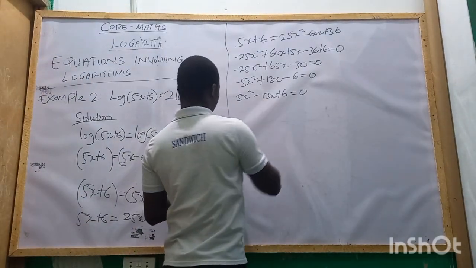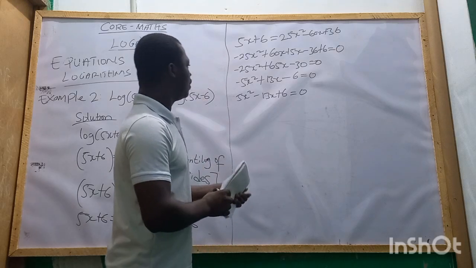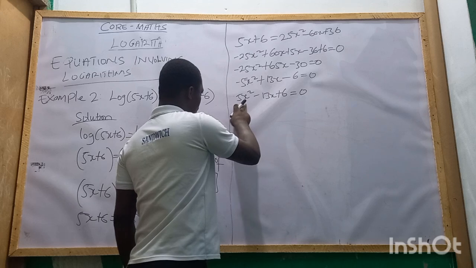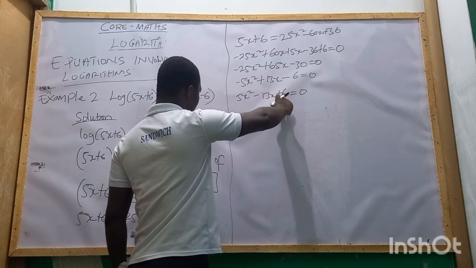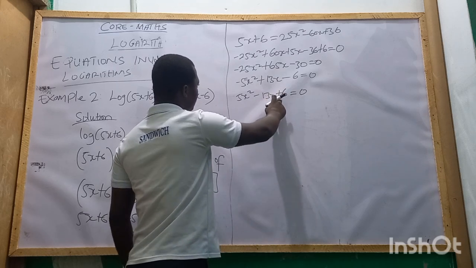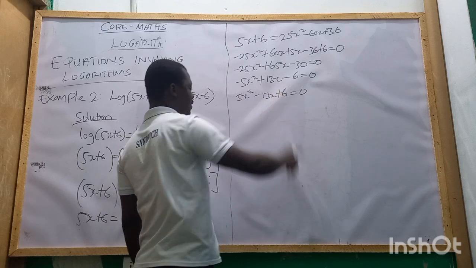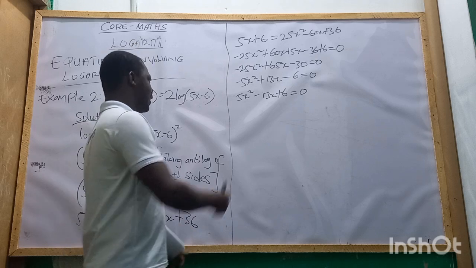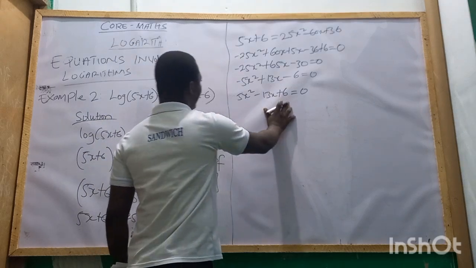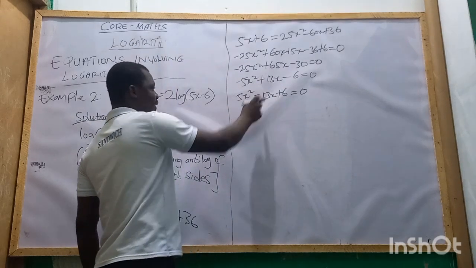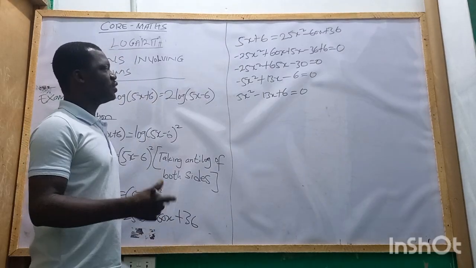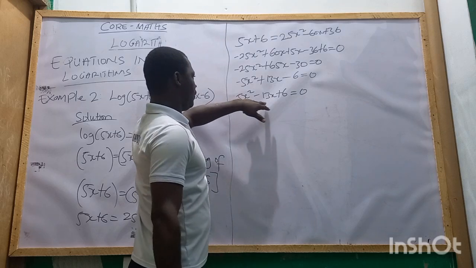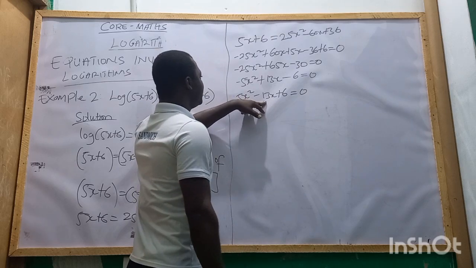So in solving a quadratic equation, you multiply the 5, whatever is in front of the x squared, by whatever the c is, so the a times the c. So 5 times 6 will be 30. What two numbers, if I multiply, I'll get positive 30, and if I add, I'll get negative 13?